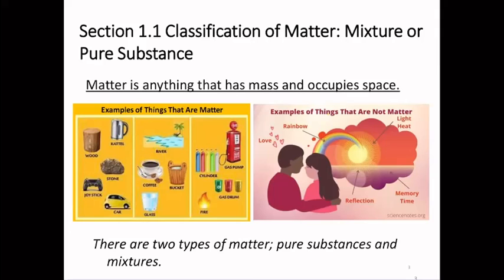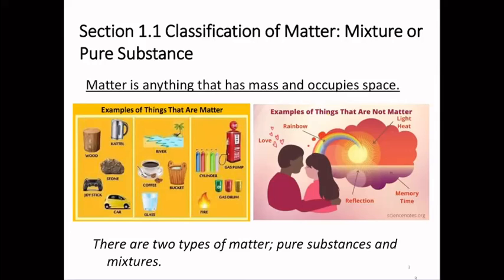Light is not matter. Heat is not matter. Memory is not matter. A reflection, love, and understand that in chemistry, we will consider those things not defined as matter, again, because they don't fit the definition of they have mass and occupy space.